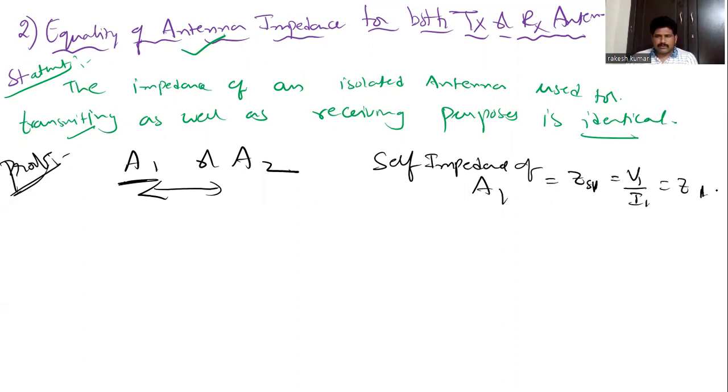So this is the self-impedance. What is this Z11? Z11 is the self-impedance of antenna A1 when it is acting as a transmitting antenna.